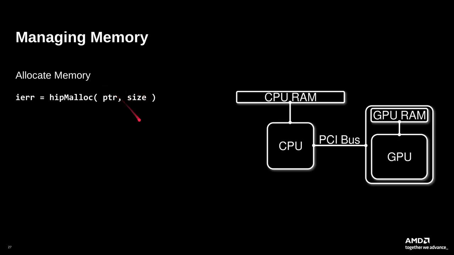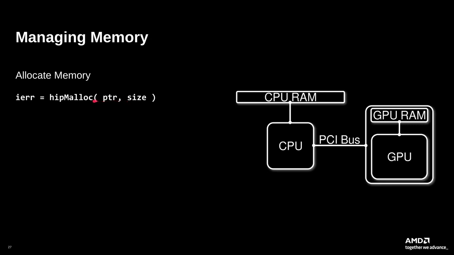Now the pointer here could either be a Fortran pointer or it can be a type C pointer from the ISO_C_BINDING library. Additionally, you don't have to specify the size explicitly. There are optional parameters where you can pass in the host side Fortran pointer as the argument through what's called the source or the mold, and that will calculate the size underneath the hood for you.